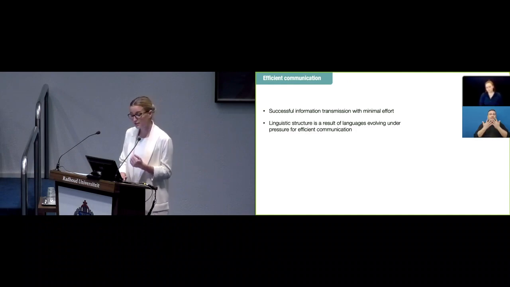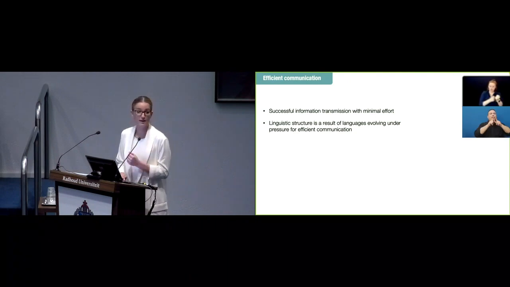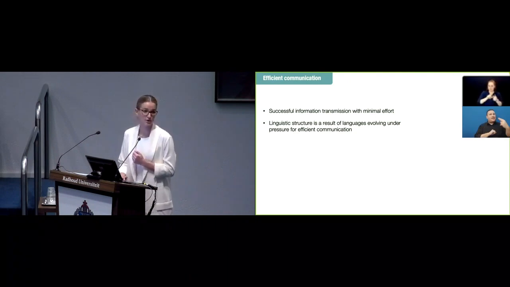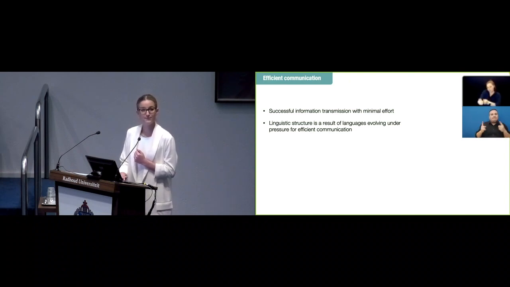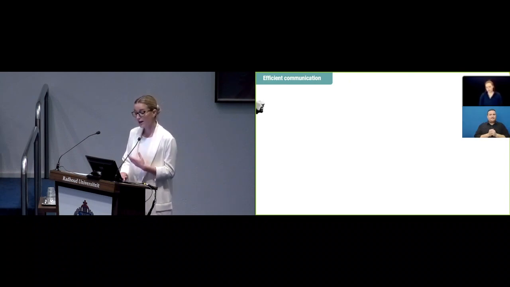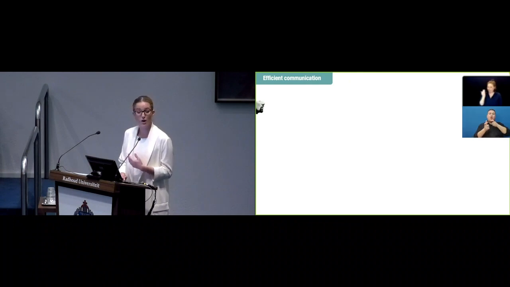And according to some claims, linguistic structure is a result of languages evolving under pressure to be communicatively efficient. However, everything we know so far about how communicative efficiency is achieved comes from research on spoken languages.